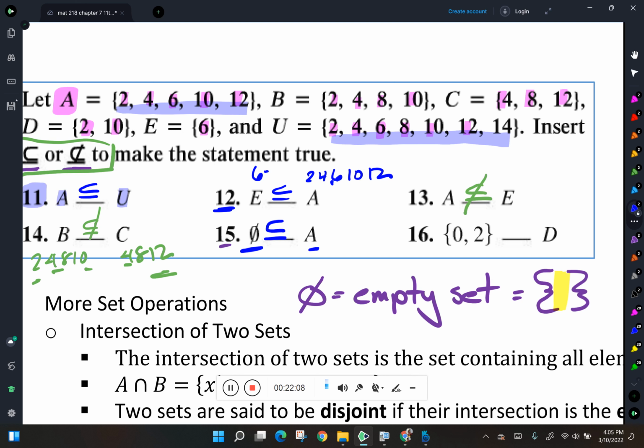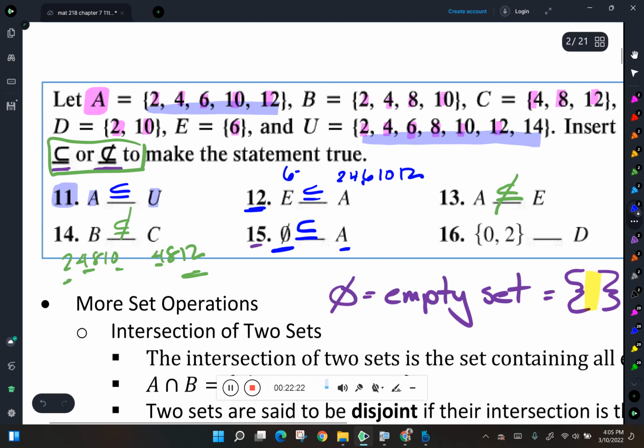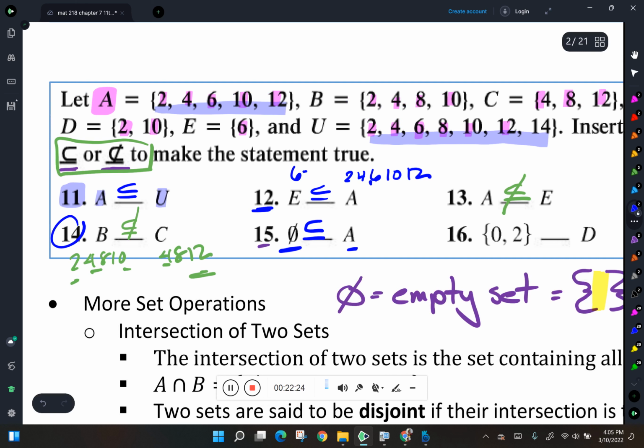Now you might be wondering, how can that be true? Well, it's the way that math works. And what math says is, unless you violate the rule, you have followed the rule. And so the reason that things are not subsets, like over here in number 14, is because there are numbers in the set on the left that are not present in the set on the right.